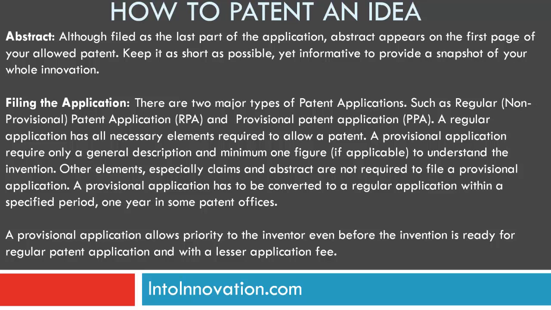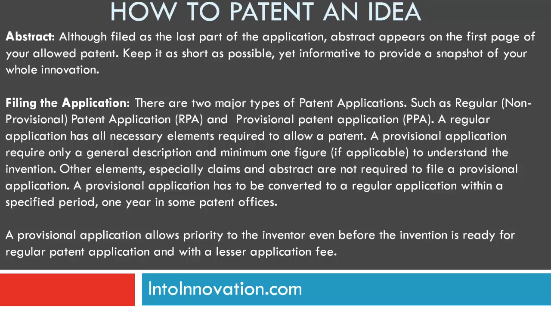Filing the application. There are two major types of patent applications: regular, non-provisional patent application, and provisional patent application. A regular application has all necessary elements required to allow a patent. A provisional application requires only a general description and a minimum of one figure, if applicable, to understand the invention.